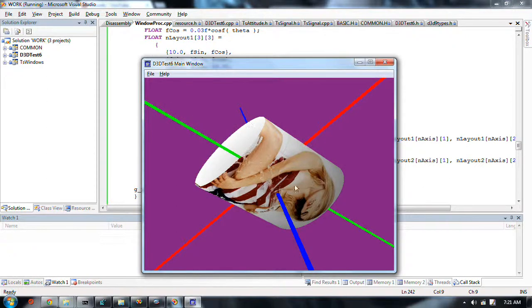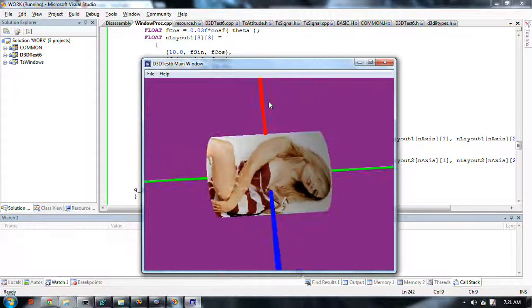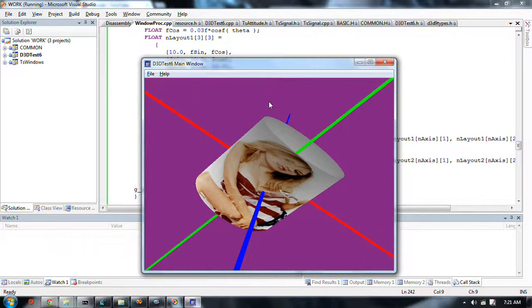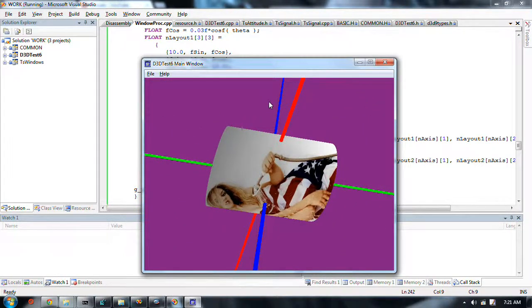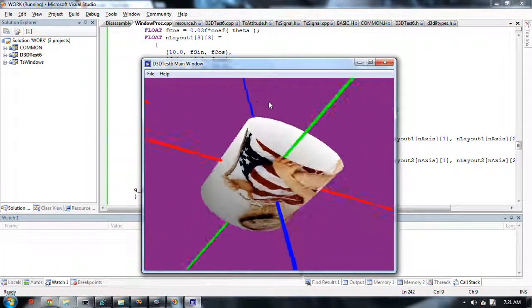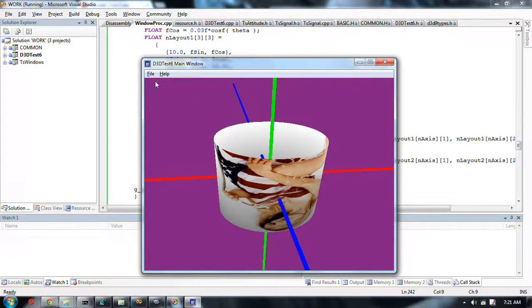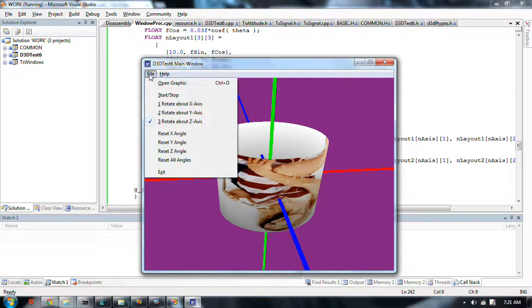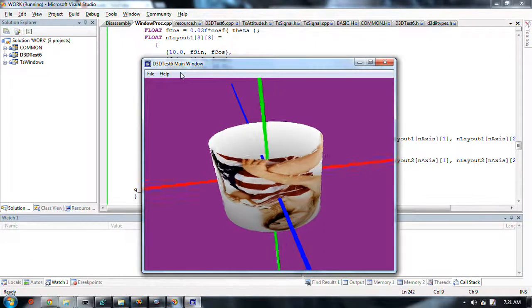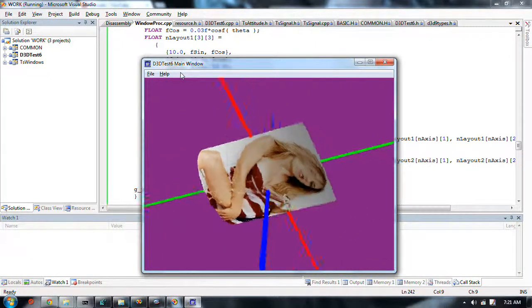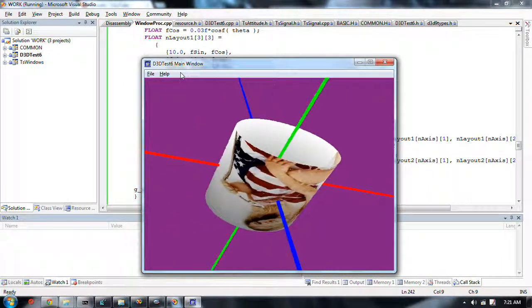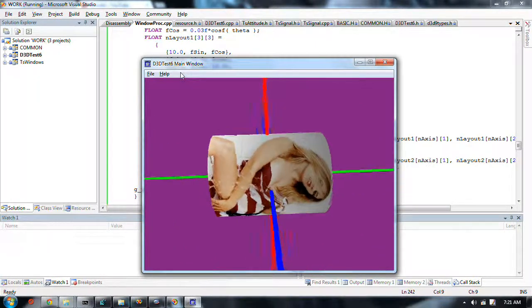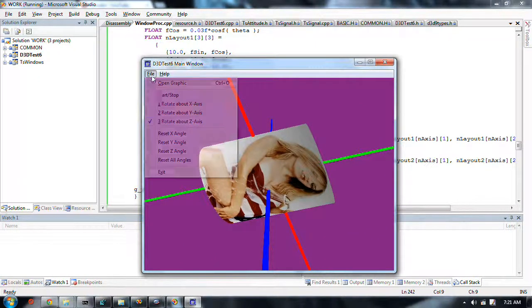How about just Z? It should rotate about that. Z is red. But it's not. Unless I might have a bug. No, Z's blue, right? I forget.